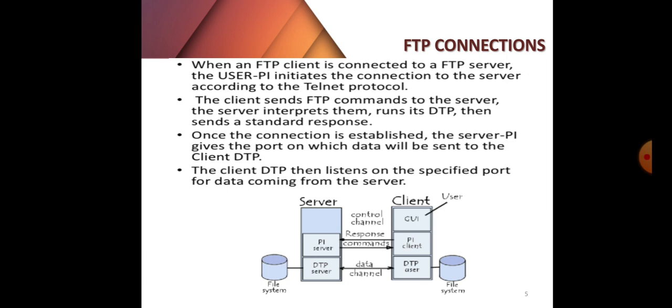Once the connection is established, the server protocol interpreter specifies the port through which the data has to be sent. The client will be in listen mode for that specific port for the data coming from the server.